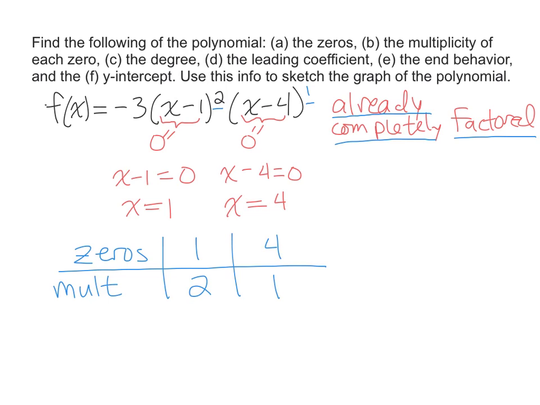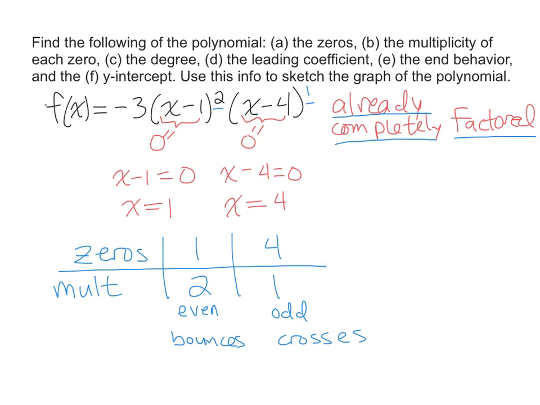And remember the multiplicity, if it's even, the graph that we are talking about in the very last portion, use this info to sketch the graph of a polynomial, that'll tell us whether the graph crosses or bounces the x-axis.